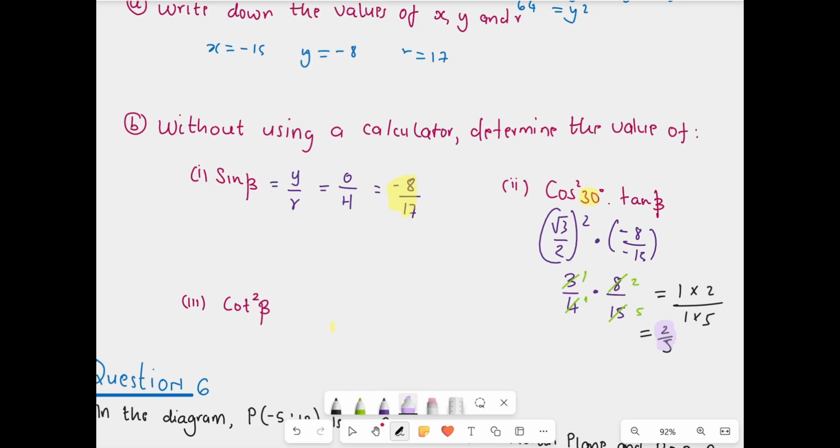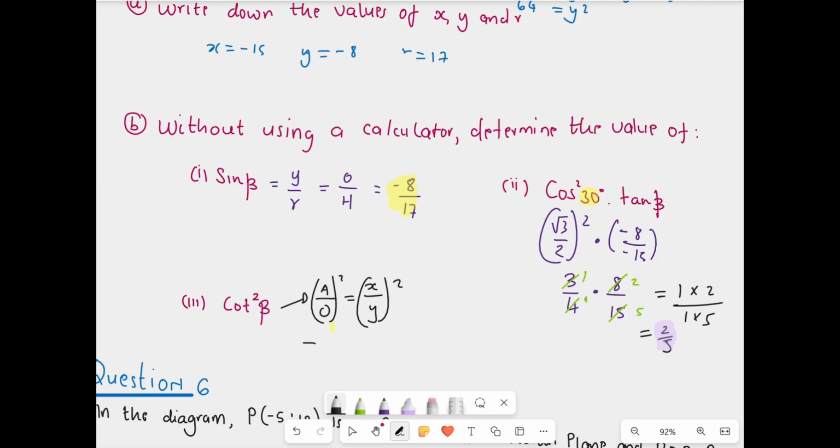And then the last question, we have cot squared beta. Remember the definition of cot. Remember, cot is the reciprocal of tan. So that means here you have adjacent over opposite, or it can be written as x over y. But remember, it is squared, so you just put squared.